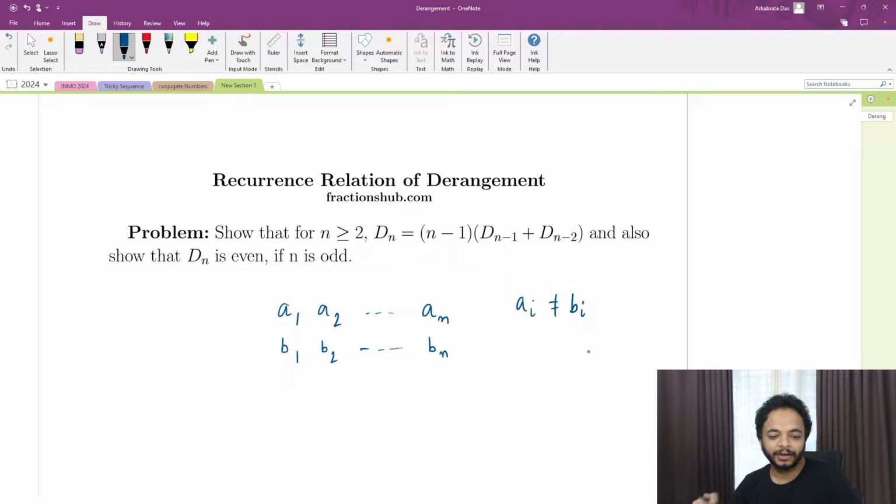So we are denoting the derangement of n distinct objects as dn. Now this recurrence relation, we are going to prove it. All of you who have gone through derangement have learned it in your counting class, so you know that it has a nice formula.